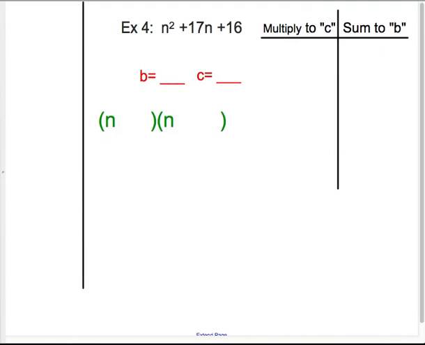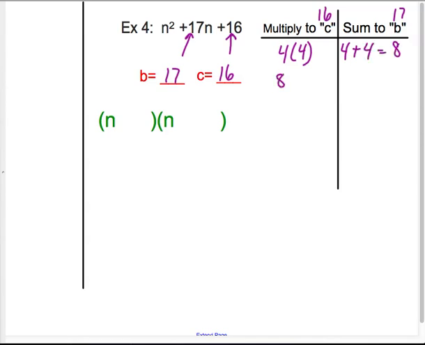All right, so another example. This time our b term is 17, and our c term is 16. So setting up our T-chart, we want to multiply to 16 and add to 17. When I see the number 16, the first thing that I think about is 4 times 4. But 4 plus 4 is 8, not 17.